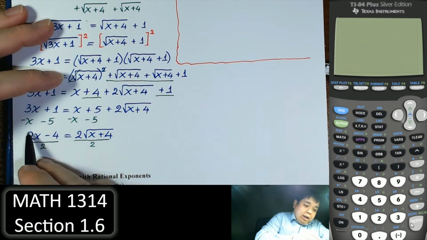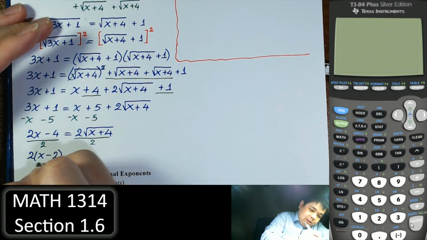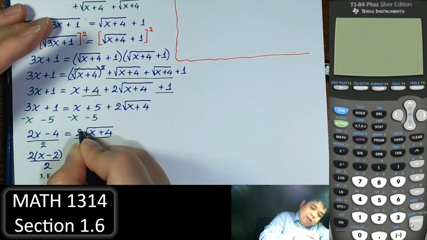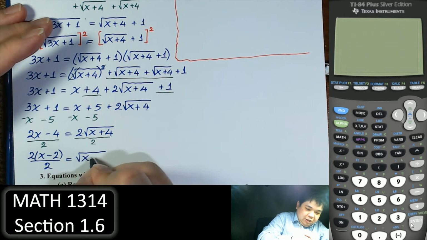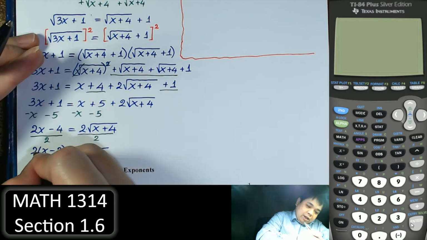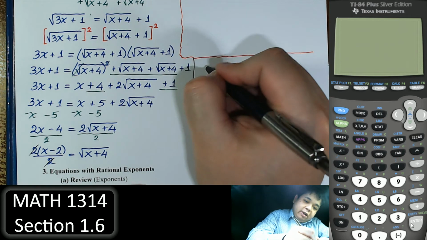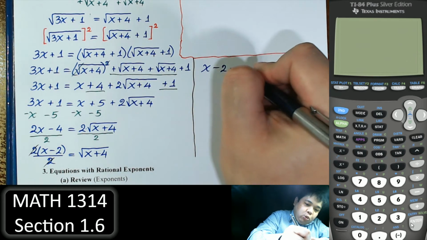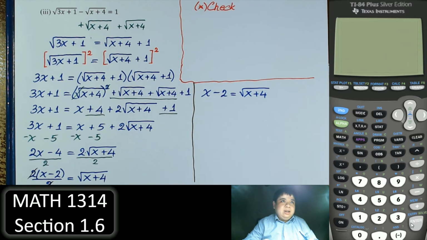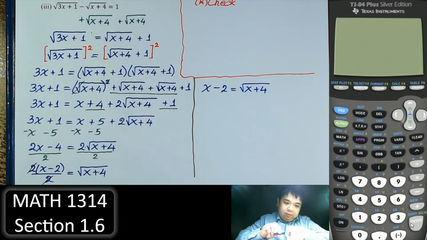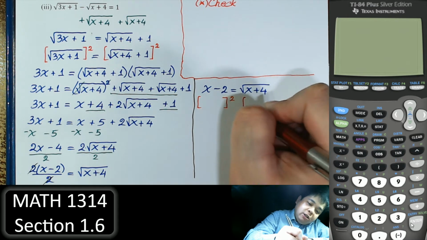Remember, don't cancel the 2 like this without factoring first. We can cancel the 2 because they multiply together. Cancel the 2. So we have x minus 2 equal to the square root of x plus 4. Right, now once again, if we want to get rid of the square root, square both sides.